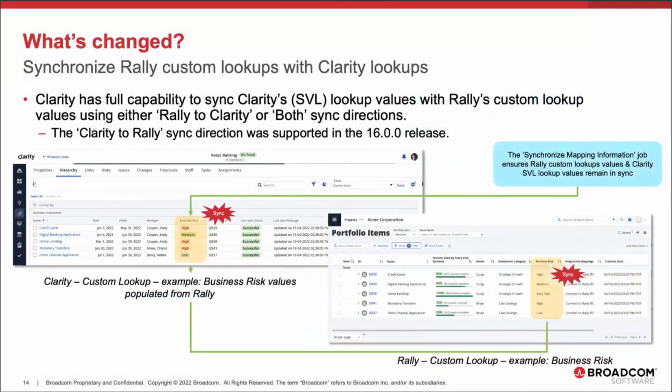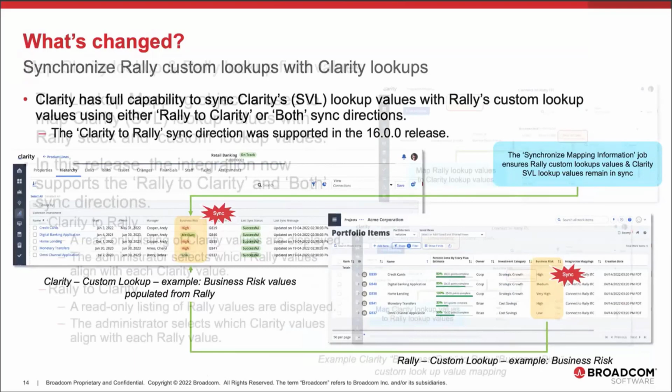So in this release, as far as custom lookups, we now have bidirectional sync and those values can be aligned. Behind the scenes, there is a lookup mapping utility that maps high, medium, and low in the case of Clarity to very high, high, medium, and low in Rally. So there's a way to map those values so that they mean something meaningful.